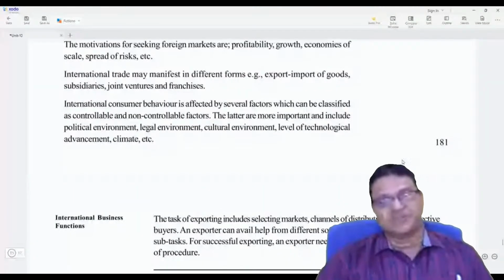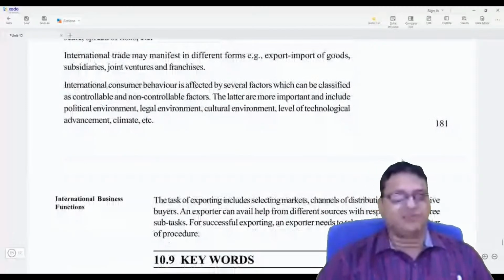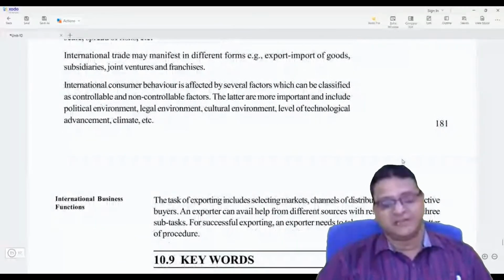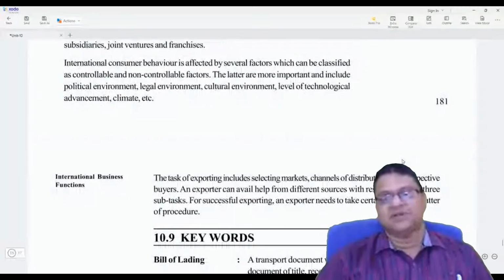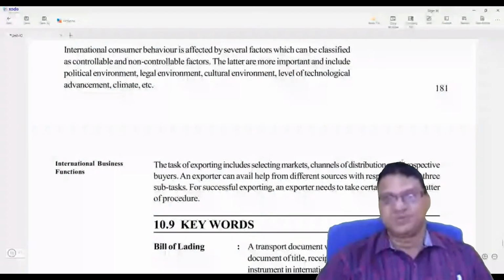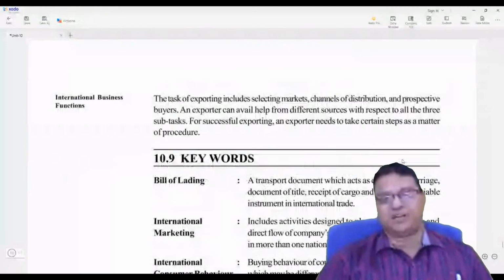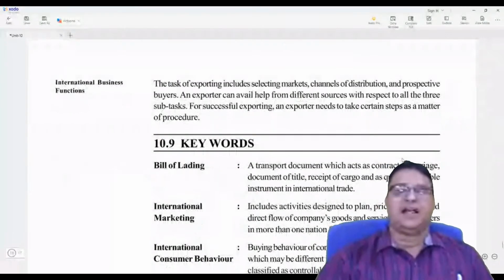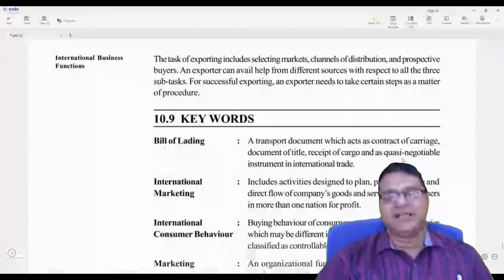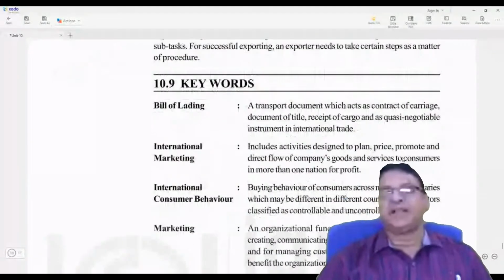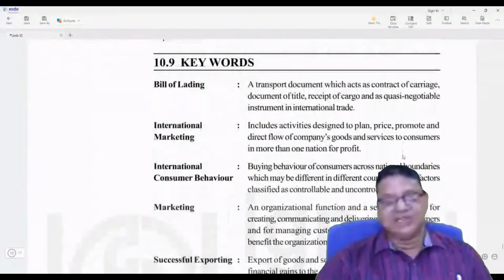Then we discussed the EPRG model of doing international business. Next, we discussed different channels of distribution in international business and how to identify prospective buyers in international business. And at last, we discussed the procedure of export and import.